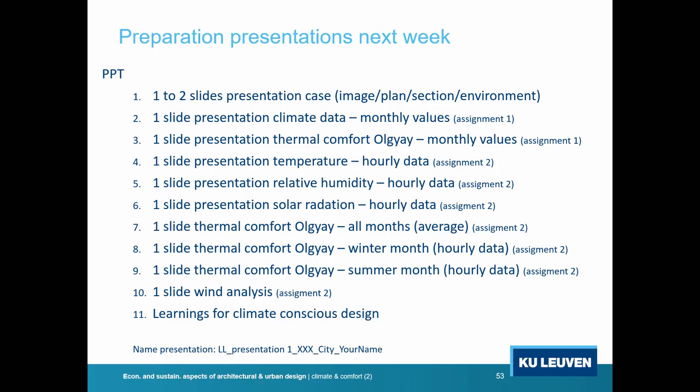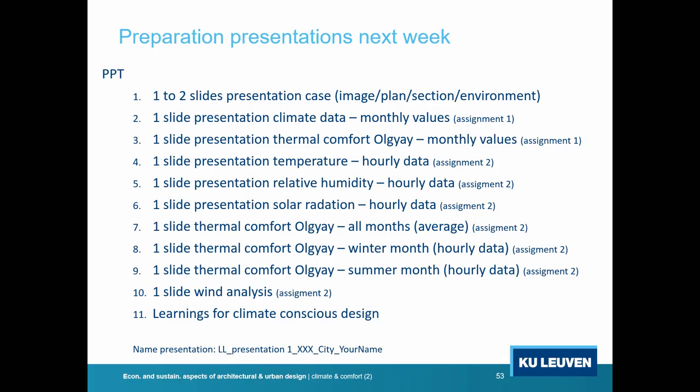So it's 1 to 2 slides with your case study, which is the location, of course, an image and a plan, a section maybe, and the context where it's located. Then 1 slide with the climate data based on the monthly values. So this long table, you just put it on 1 slide. Then the thermal comfort based on monthly data. Then we step to the hourly data.